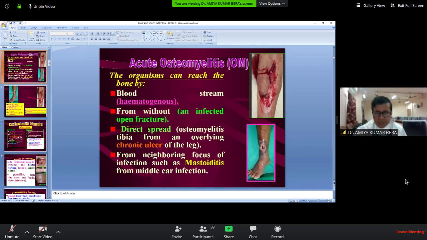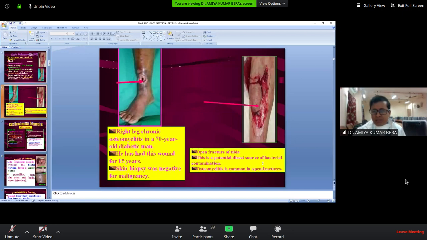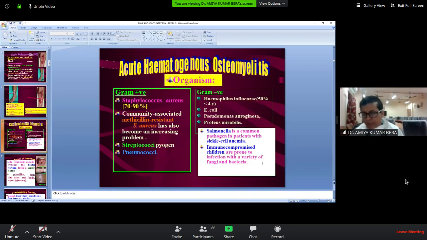Gram-positive organisms, Staph aureus, are found in 70 to 90% of cases, and gram-negative organisms, H. influenzae, E. coli, Pseudomonas, Proteus, occur more in immunocompromised persons, and Salmonella is particularly in case of sickle cell anemia, an MCQ for PG preparation.